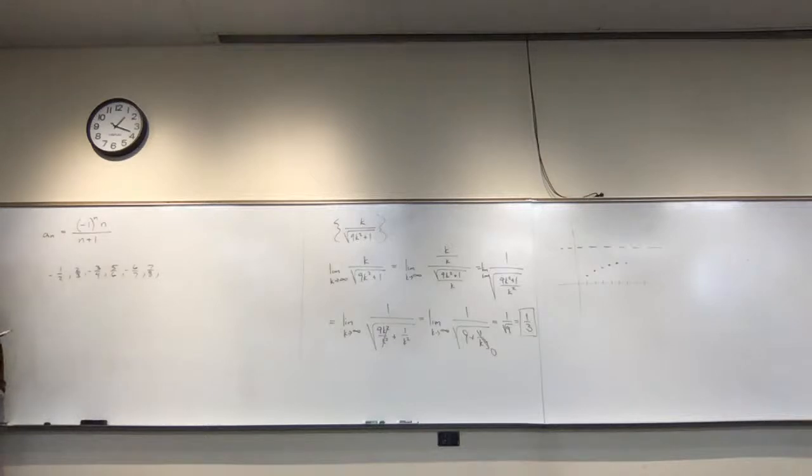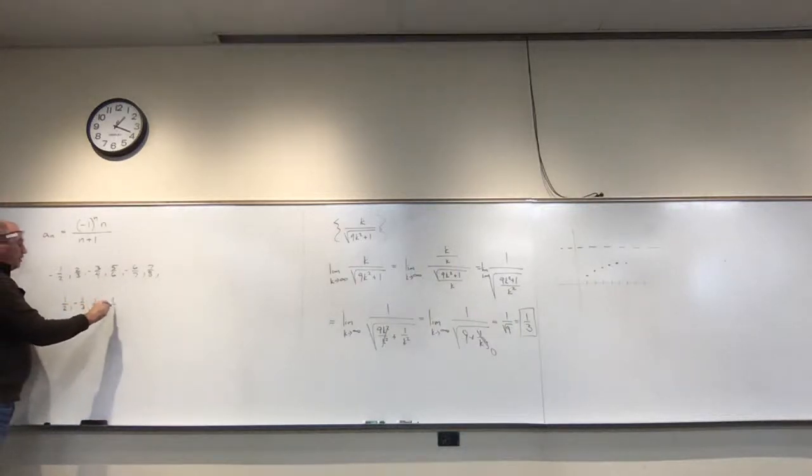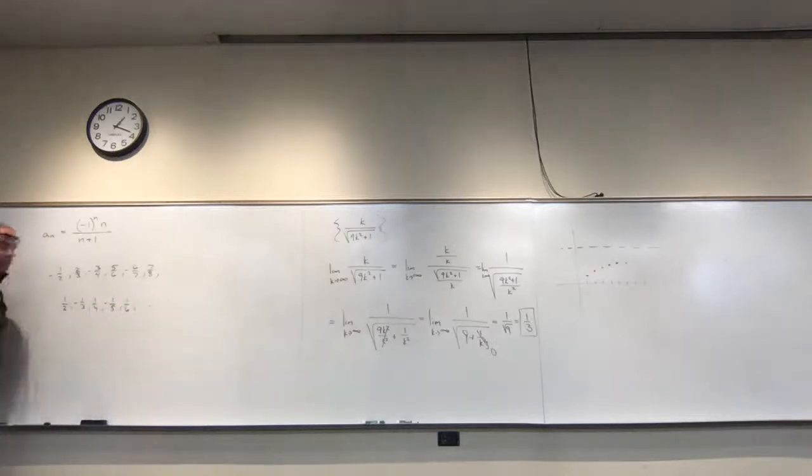Are you saying more like if it went like a half, negative a third, positive a fourth, negative a fifth? So if it starts off small and gets bigger, like oscillating between 1 and negative 1, then wouldn't the other way be converging to a point, because it's getting from small to big?